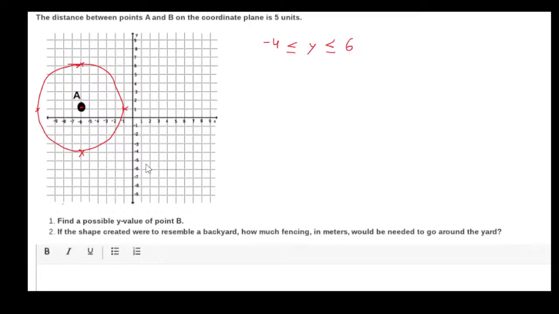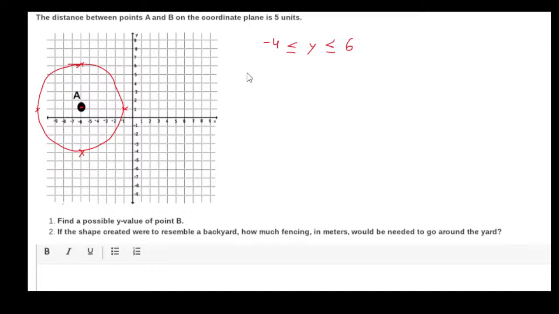And then I need fencing, so the fencing will be circular in shape. The distance between point A and B on the coordinate plane is 5 units. If the shape created were to resemble a backyard, how much fencing in meters would be needed?